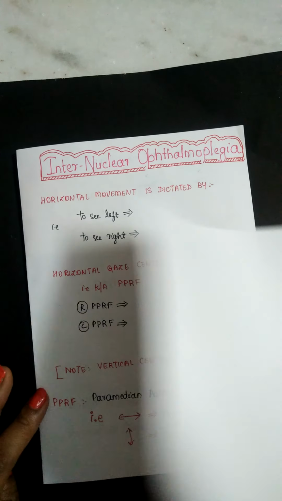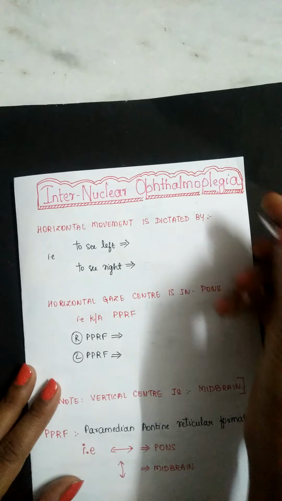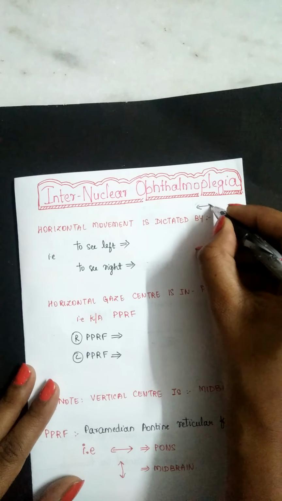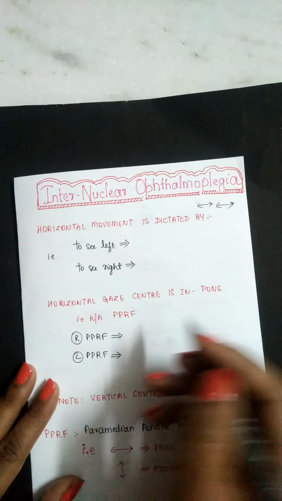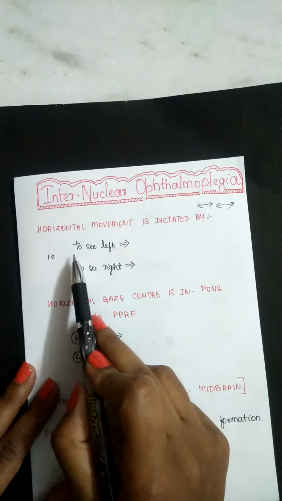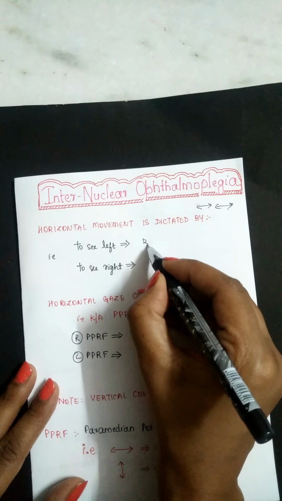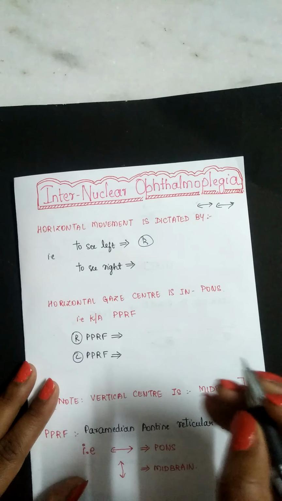Today I'll be talking about internuclear ophthalmoplegia. Let's learn from the basics: horizontal movement of the eye. In the horizontal gaze, what is required to see towards the left side? The right frontal eye field fires.